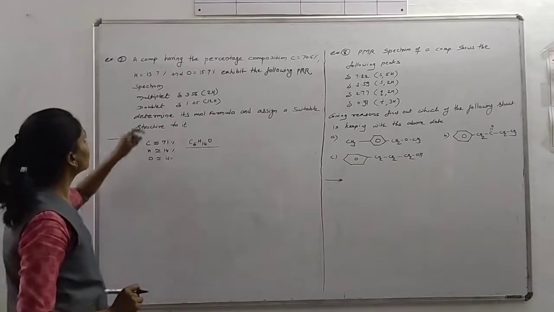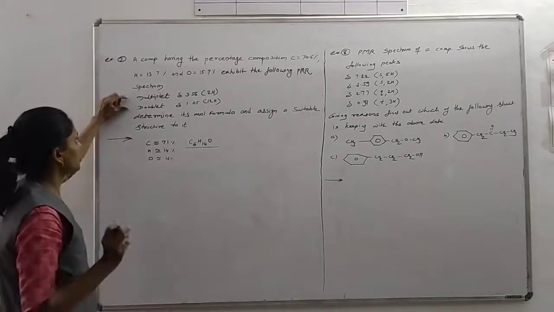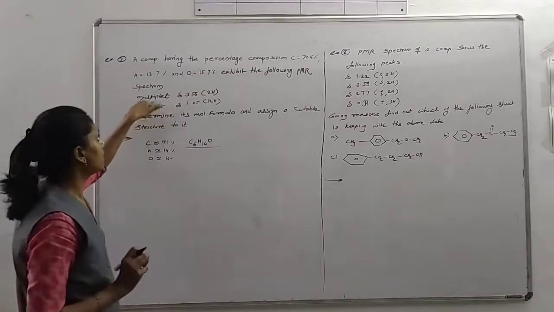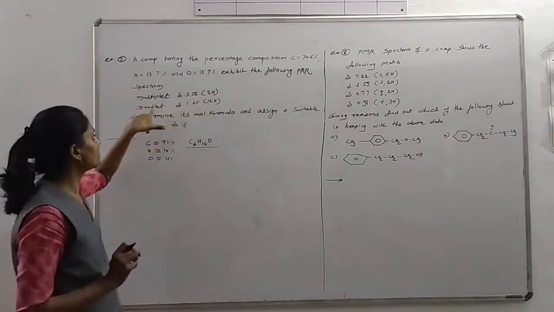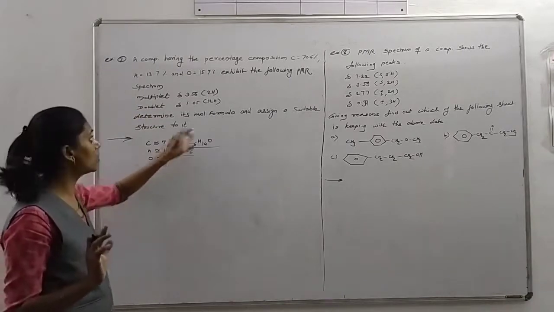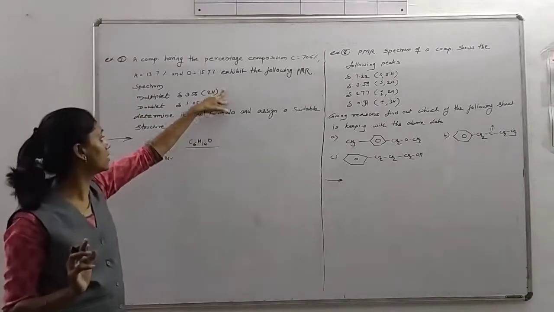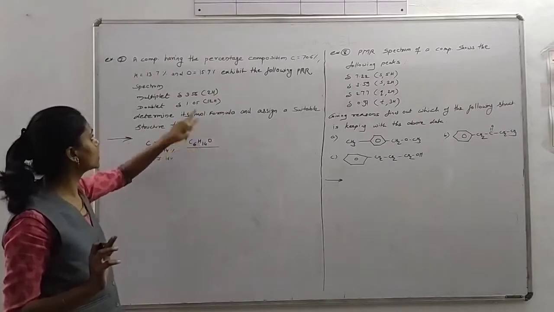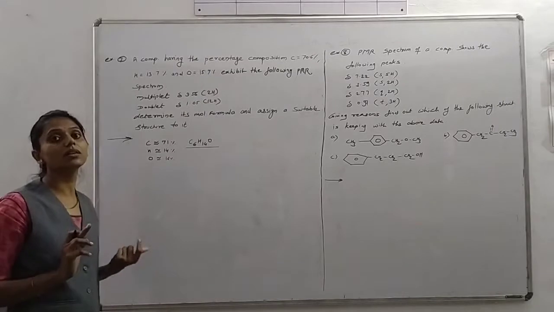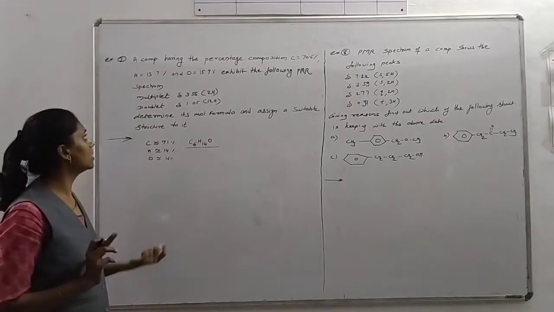Okay. Now the PMR data is provided. 2 protons give the multiplet and 12 protons give the doublet. There are 6 carbon atoms and 14 protons, and only 2 signals are given here. That means there must be symmetry present.